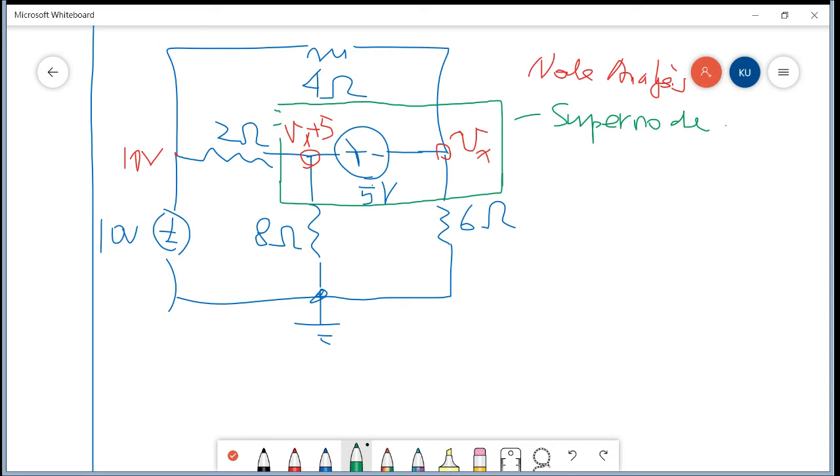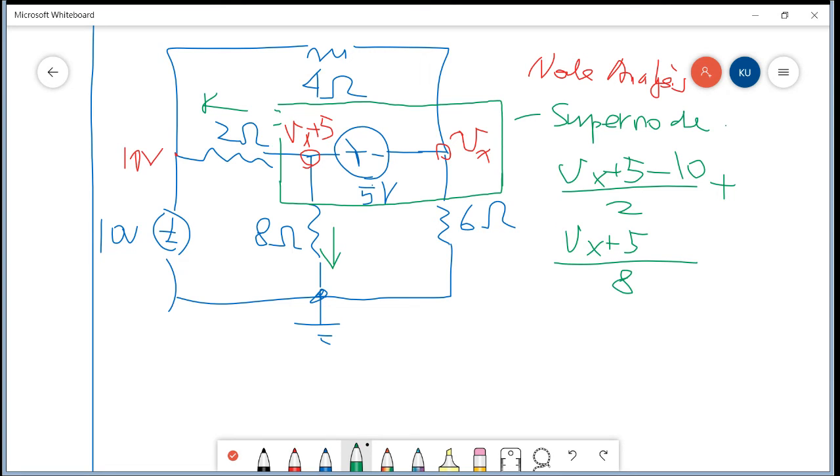Well, there are 1, 2, 3, 4 paths. So the first one, this one, Vx plus 5 minus 10 over 2. So this is the first current going outside, and then plus the second current, which is Vx plus 5 minus 0 over 8.